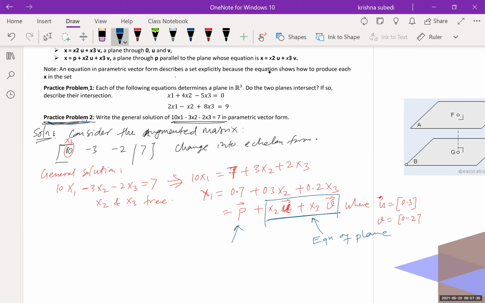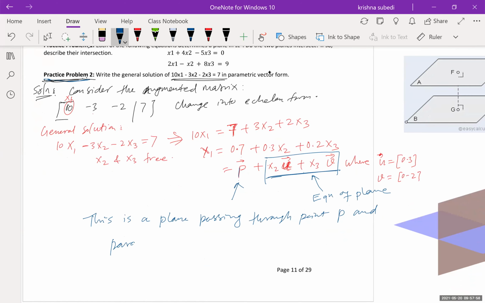Now, this is a plane, and it is just shifted by P here. So that means this is a plane passing through the point P and parallel to the plane x2u plus x3v.